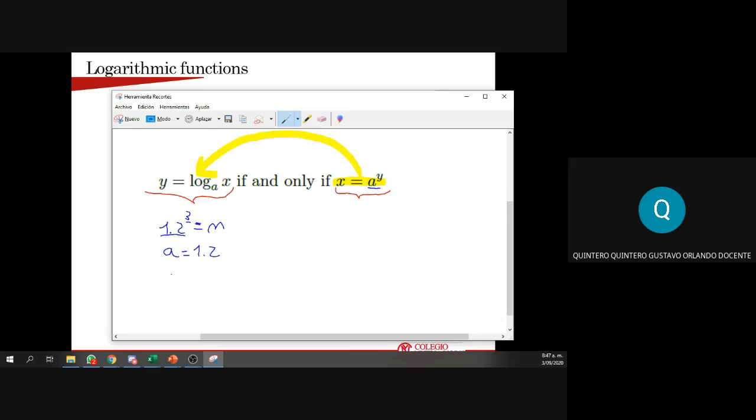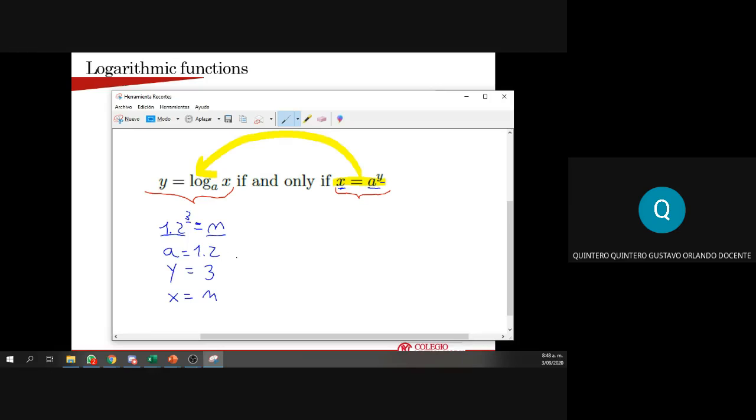Also, we have an exponent. The exponent is the one we call y. So in our example, y equals 3. And last, we have the solution of the exponent, the power. In our case, the variable x is going to be, for us, the letter m.